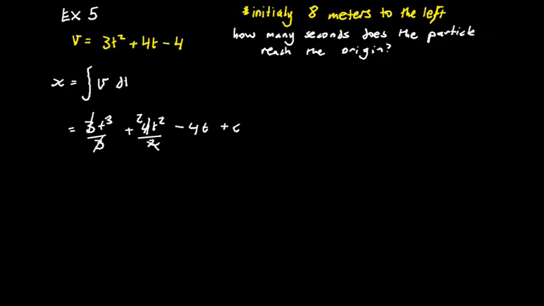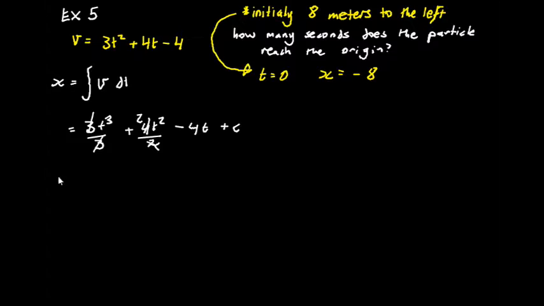c constant is. And we can find that by using this information here. Initially, talking about when t is equal to 0, and it's 8 meters to the left, which means x is 8 meters to the left, so x is minus 8.